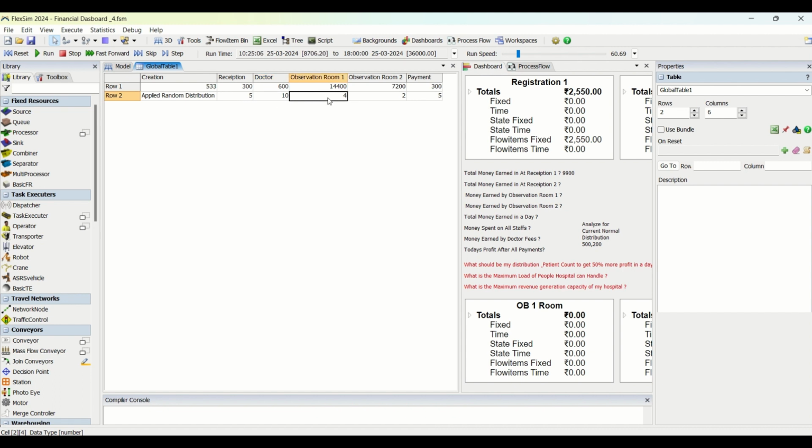Then we are sent to one of the observation rooms. We will be sent either to observation 1 or to observation 2. The patient is going to stay for 2 hours in observation room 2, and then for almost 4 hours in observation room 1.